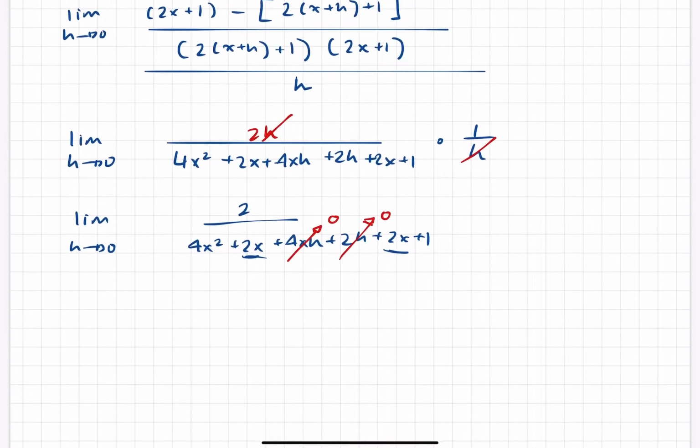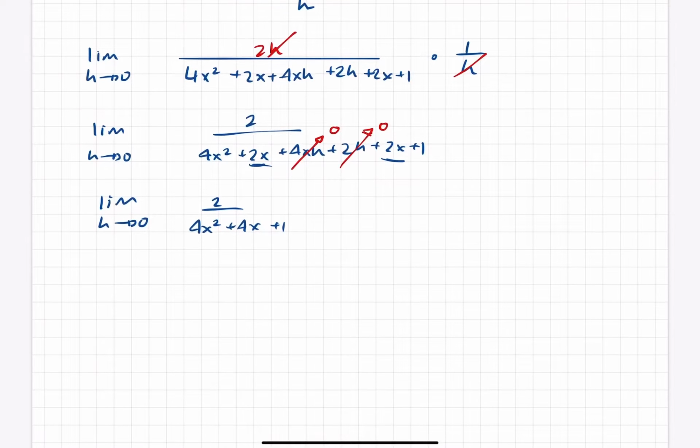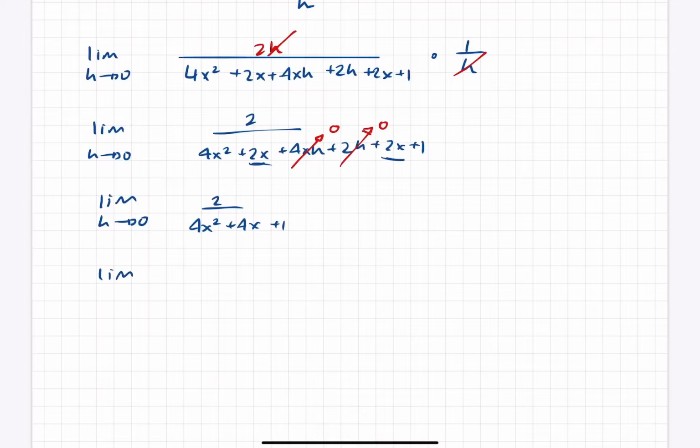What we have left is the limit as h approaches 0 of 2 over 4x squared plus 4x plus 1, but this is a perfect trinomial. So this becomes 4x squared plus 4x plus 1, which can be written as a perfect square: 2 over (2x plus 1) squared is our gradient function.